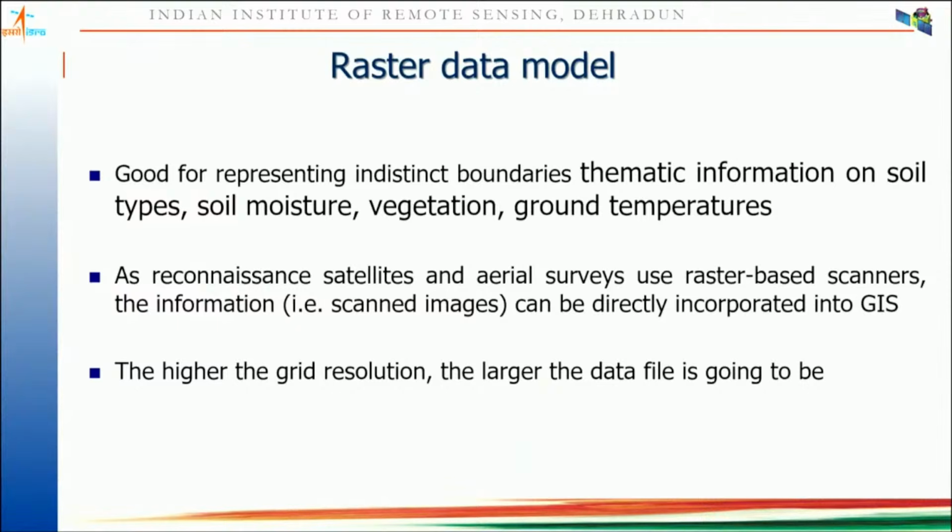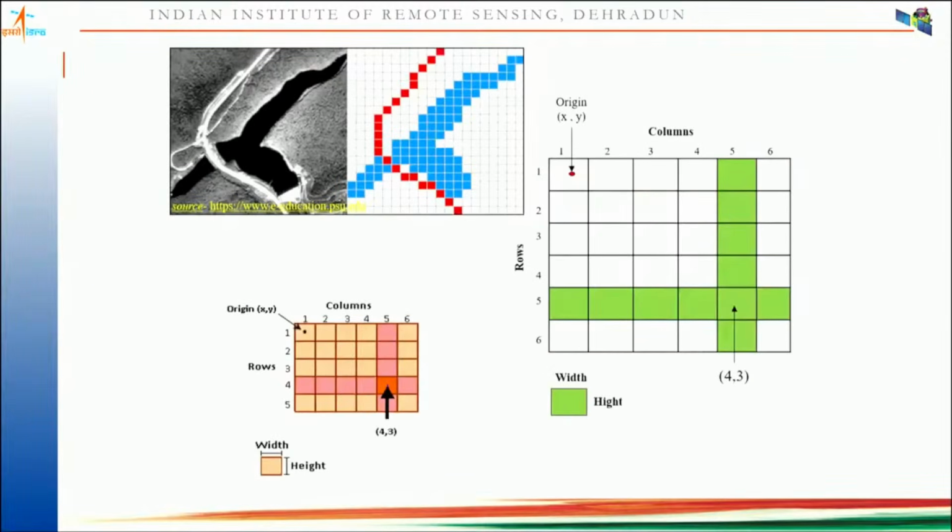So examples are already there: which model is suitable for storing what kind of information. For example, there are two kinds of data requirements, one is continuous data, and the second is discrete data. So based on the data type, data structure and nature of the data, you can decide the data model.